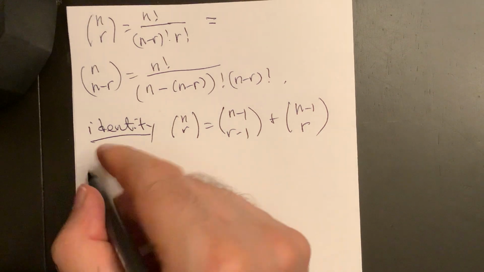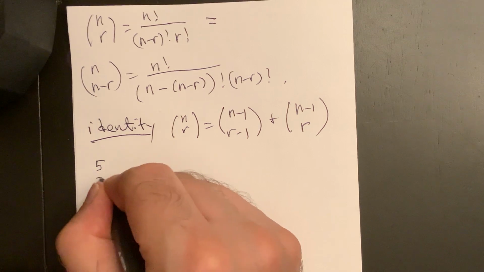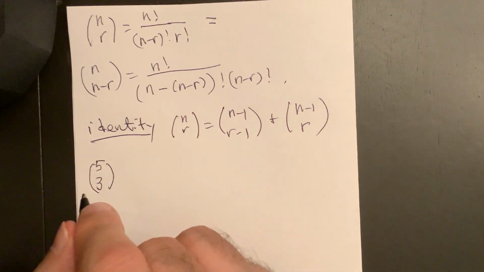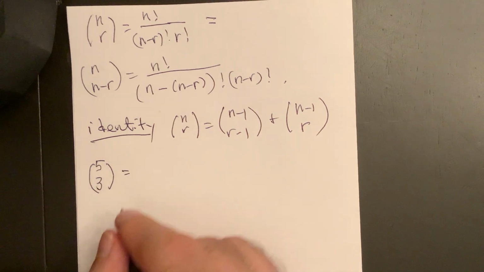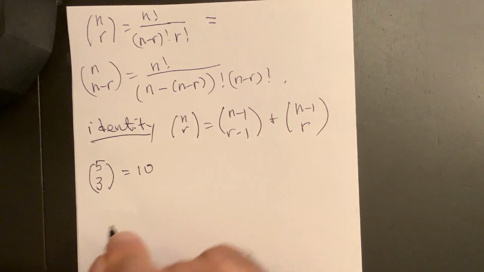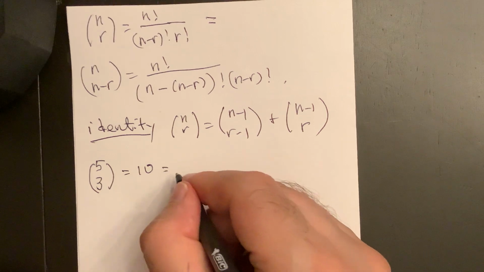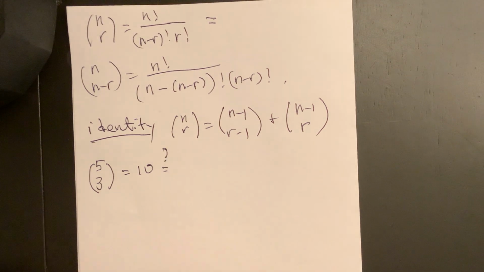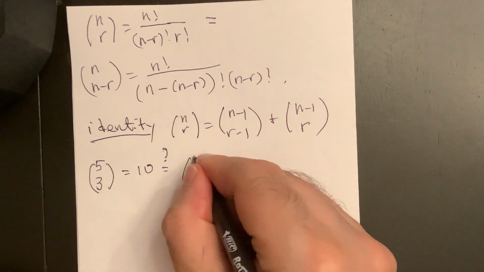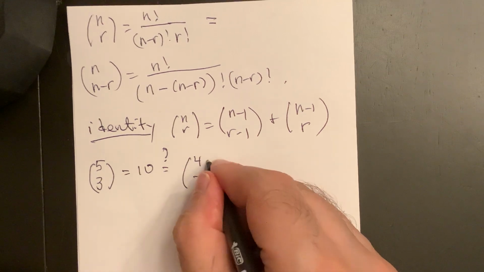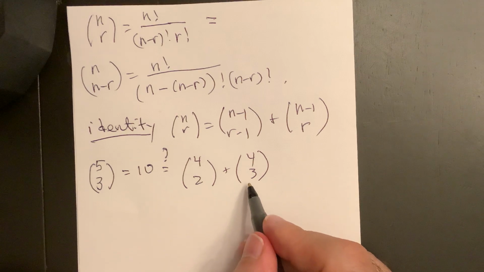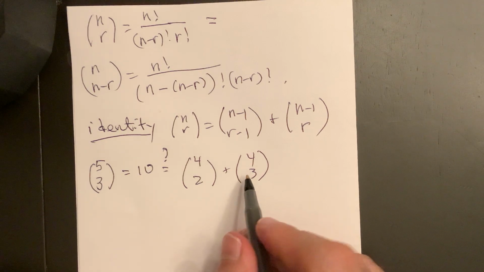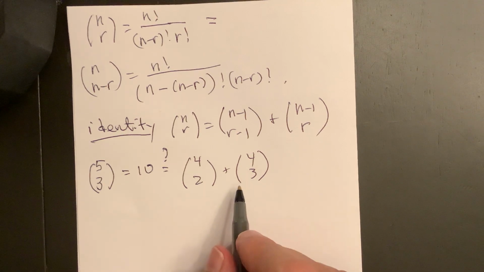So if I have 5 choose 3, say, we know that is 5 times 4 divided by 2, so that's 10, right? So this should be equal to, we're checking, 4 choose 2 plus 4 choose 3. 4 choose 3, the number of ways to pick 3 from 4 is the number of ways to exclude 1 from 4.